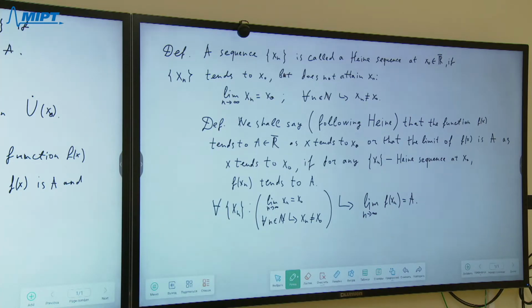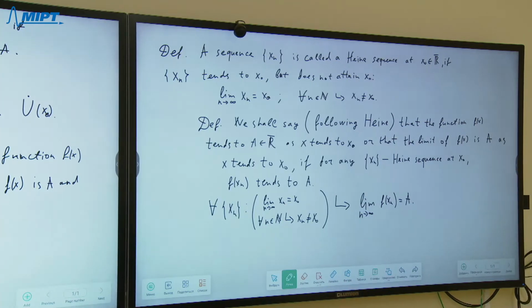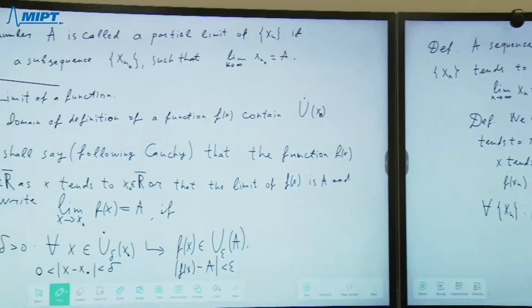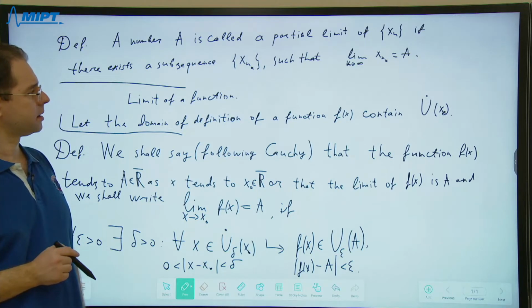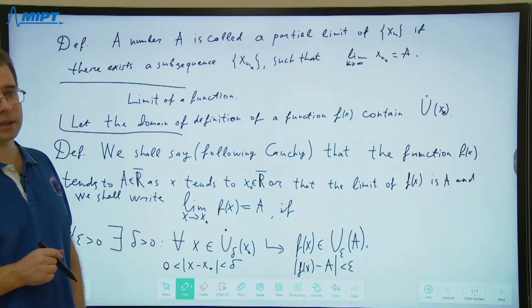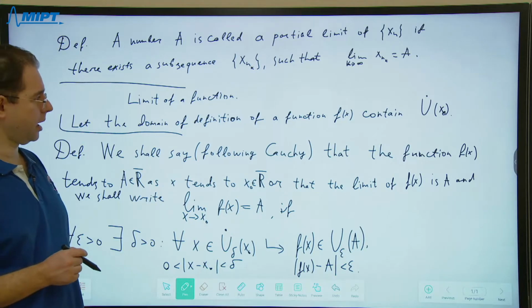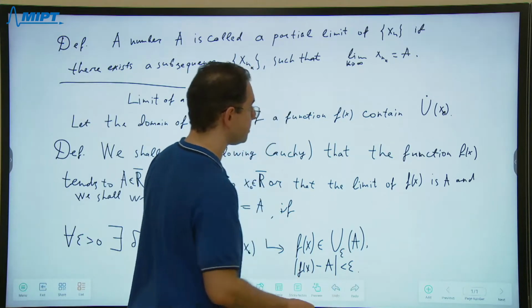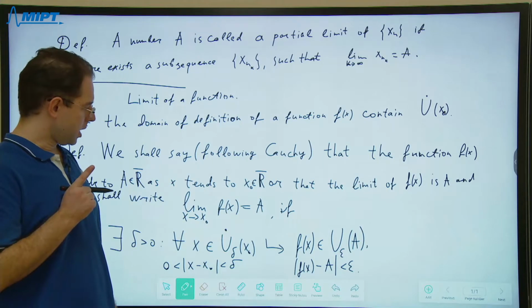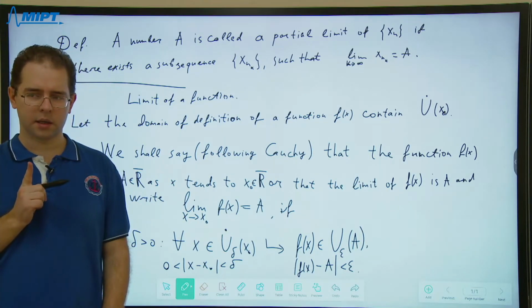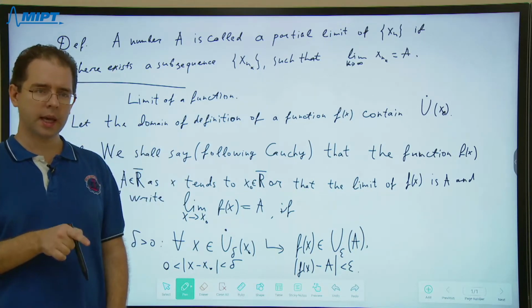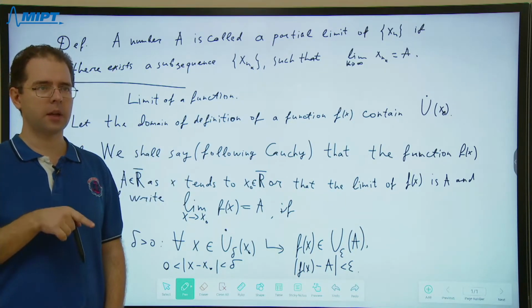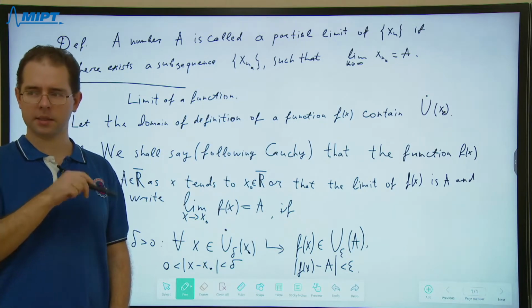Very well. So I once again remind you that all of this is under this assumption: the domain of definition of our function contains at least some deleted neighborhood of x0. Once again, I note that nowhere here do we care about the value of the function at x0.